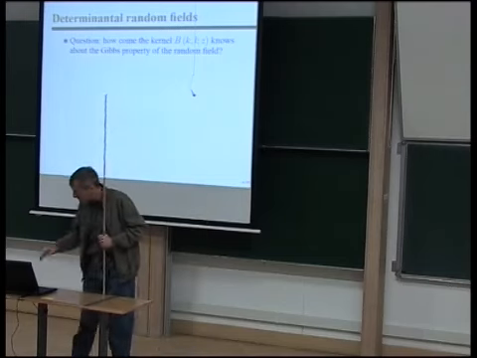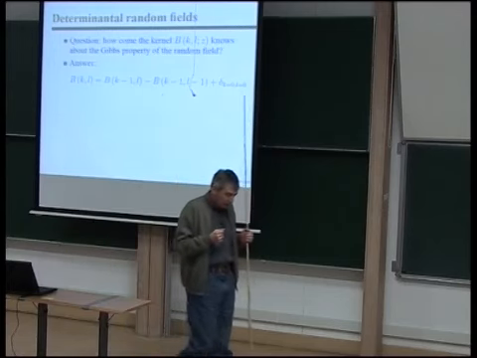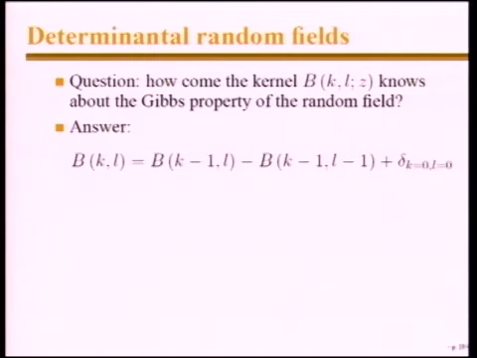And the answer that we got for the case of lozenge tilings is the following. The reason for that lies in the fact that there is some simple linear relation between the matrix elements of the kernel that I showed you.